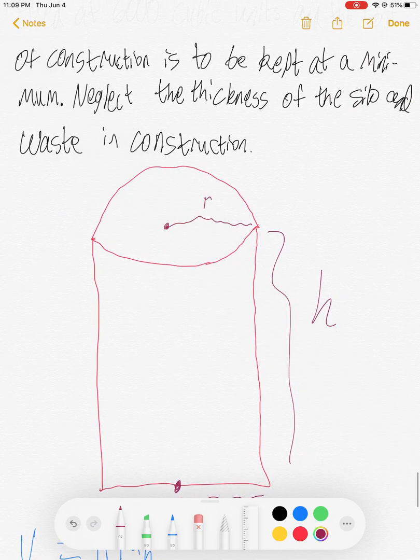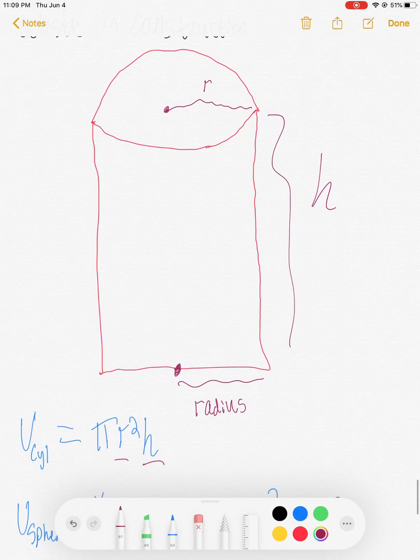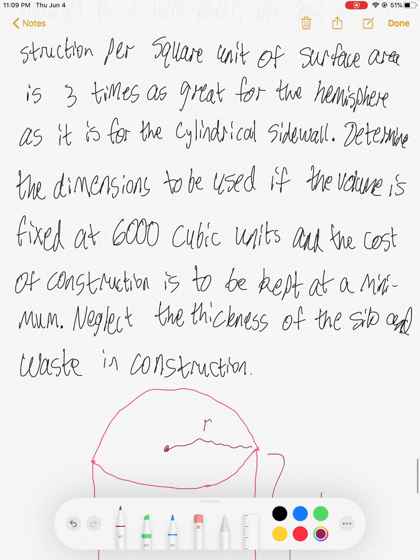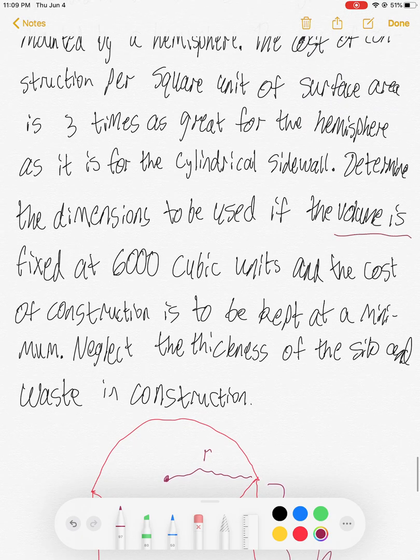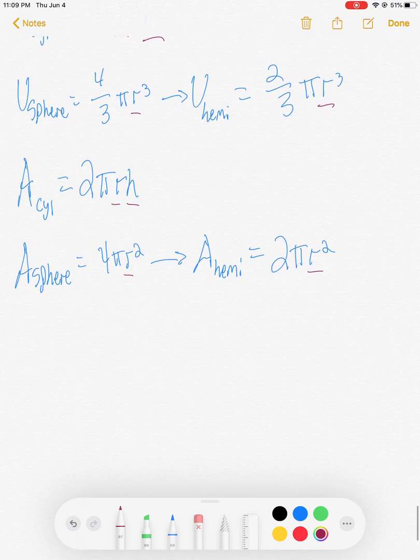They have the same radius, as you can tell by our eloquently drawn picture. So I think that's really all that we need to label here. It feels kind of wrong. It feels like we should have more to label, but when it comes down to it, this problem is going to break down to our r and our h. Let me just call this r, just to be clear.